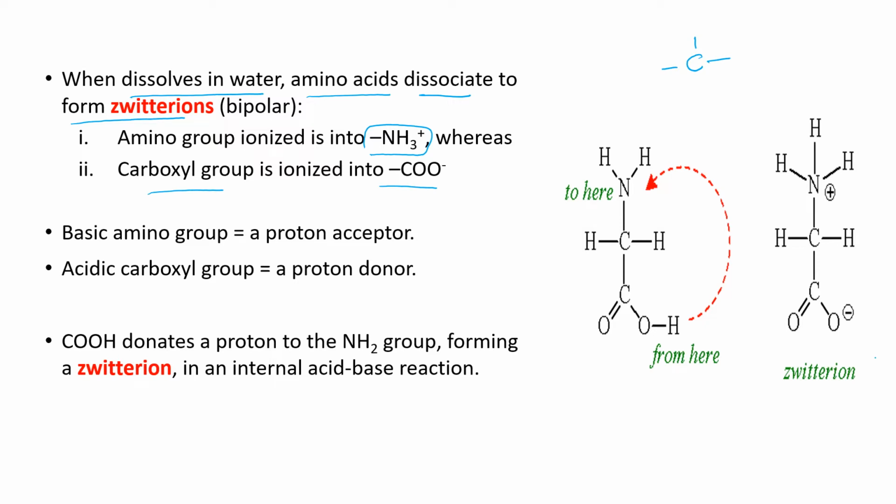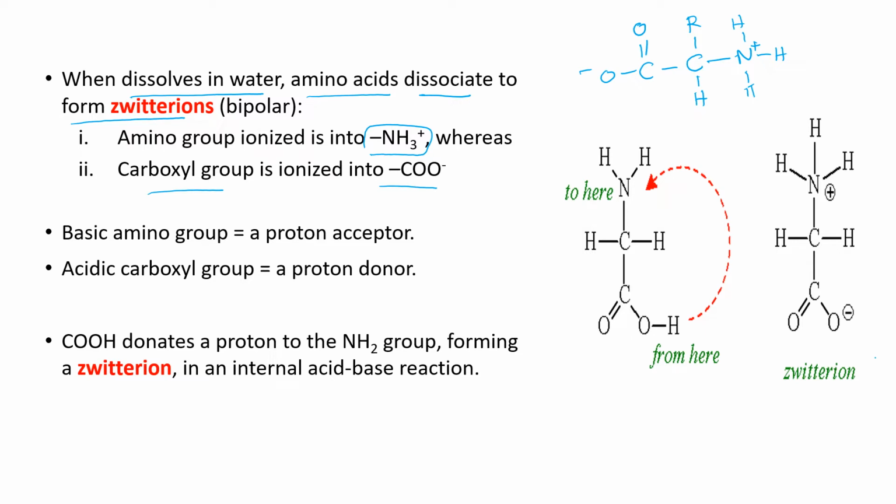The carbon is bonded to an R group, a hydrogen atom, and then the carboxyl group is ionized to become COO negative. The amino group is ionized to become NH3 plus. The plus sign should be at the nitrogen atom of the amino group.